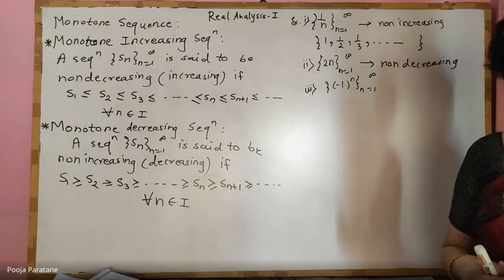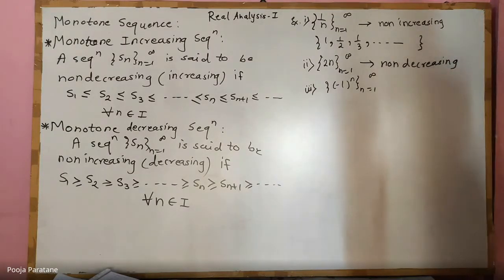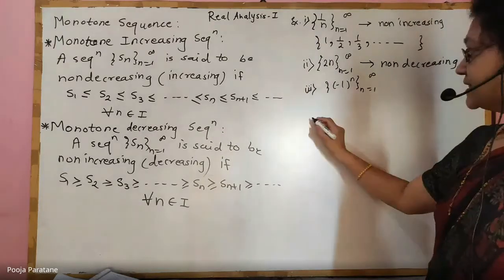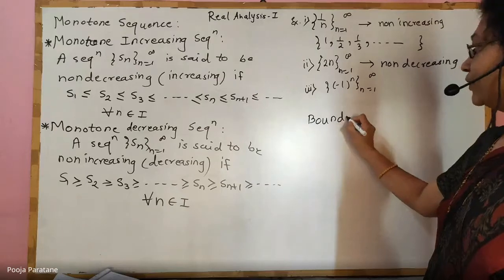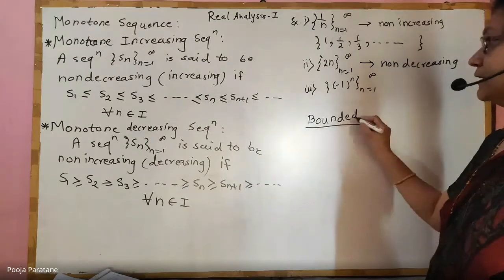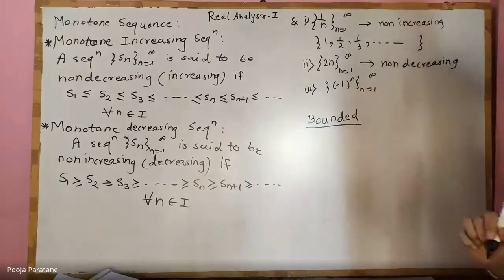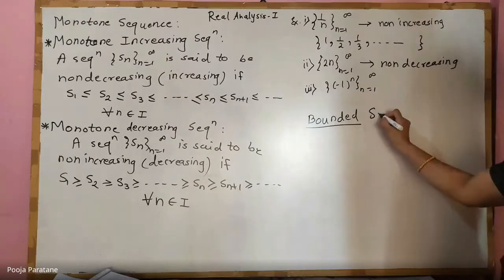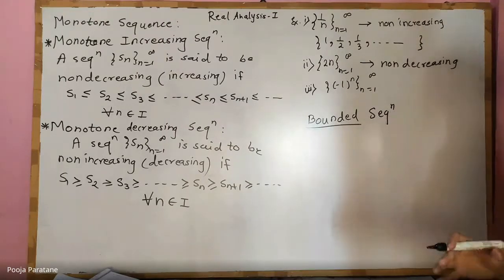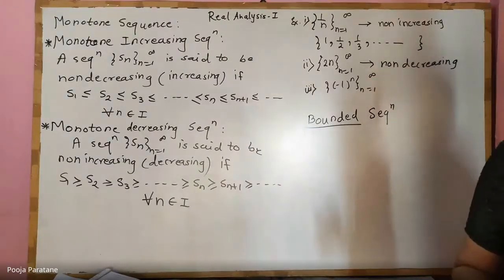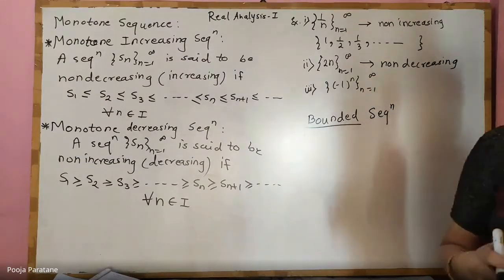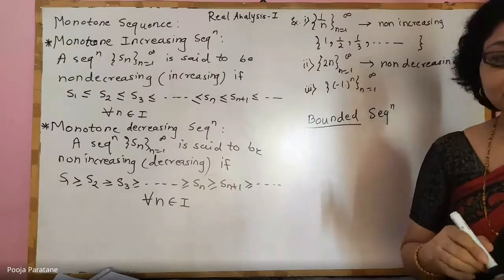Now we have the concept of a bounded sequence. We have seen that a sequence is bounded, because we now want to combine these two results, monotone sequence and bounded sequence, and find the condition to check whether a sequence is convergent. This is a very important criterion for a sequence.